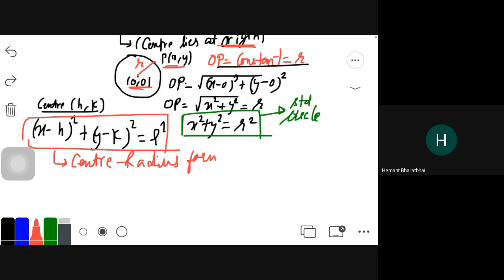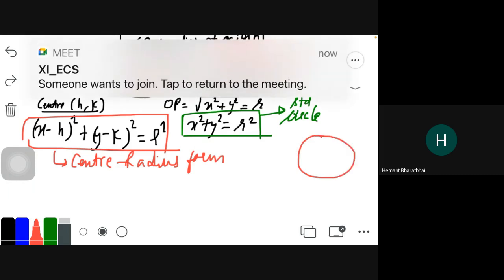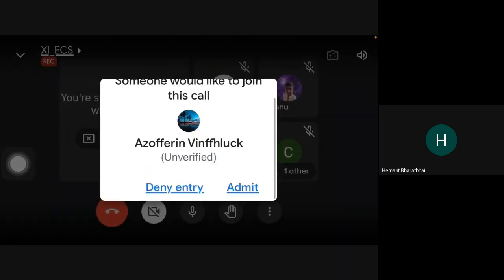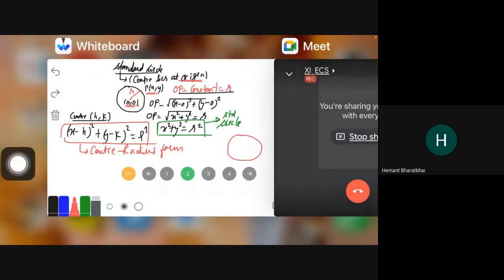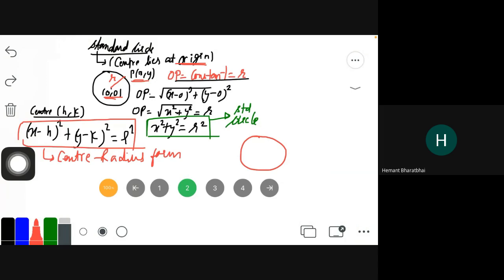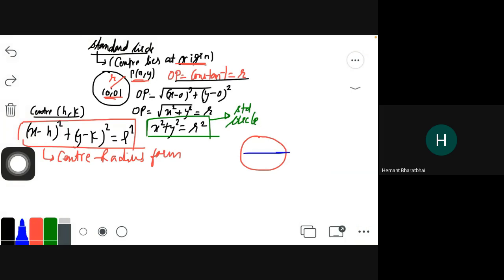We can have one more possibility, and that possibility is something like this. Suppose I know the diameter of the circle, and I know the points of the diameter.